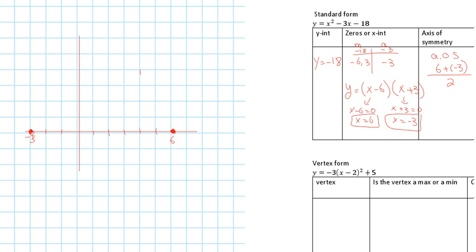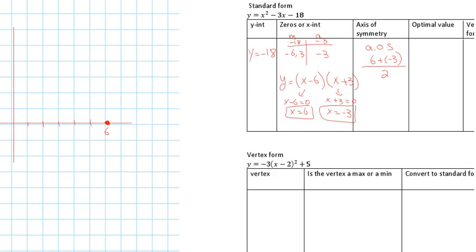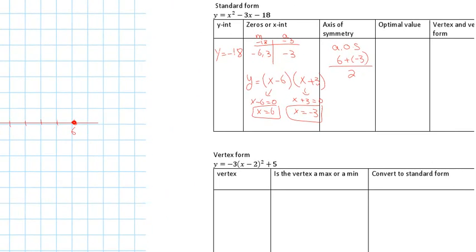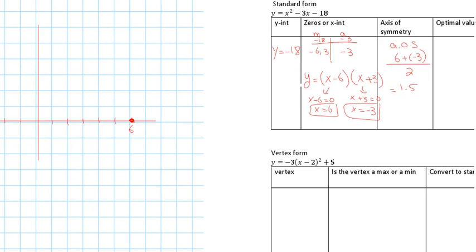Okay, so what do I get? 6 plus negative 3 is 3, divided by 2? 1.5. All right, now what do I do with it? How do I find the optimal value? So now I know that my axis of symmetry is located somewhere here.